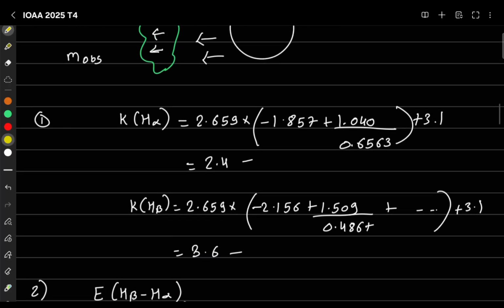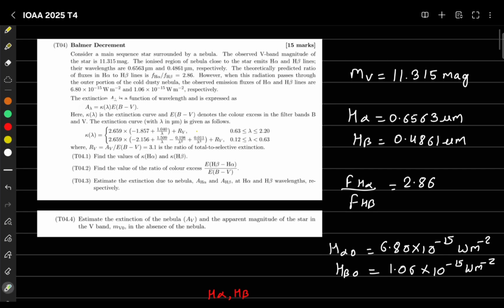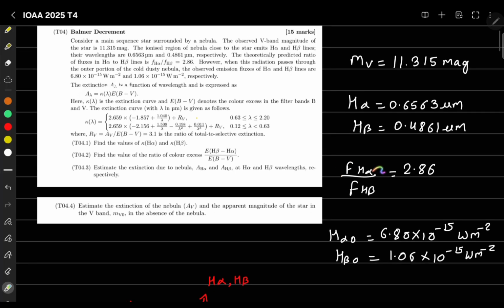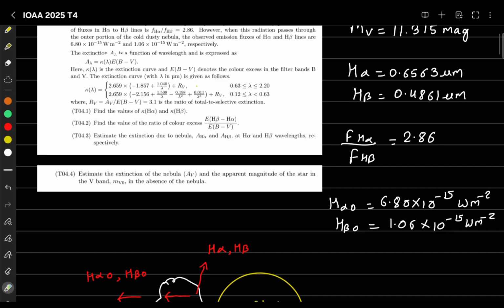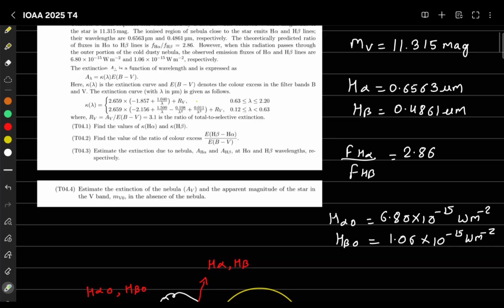If you look into the question, we saw this value. This is the flux ratio for Hα and Hβ, and this is intrinsic. If there is no ISM present, the theoretical predicted ratio for the Hα and Hβ fluxes is given by this 2.86, which has been provided. That is, if no ISM, dust or gas is present, the ratio of the fluxes is 2.86.